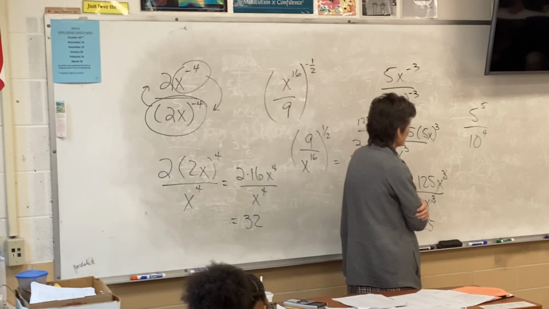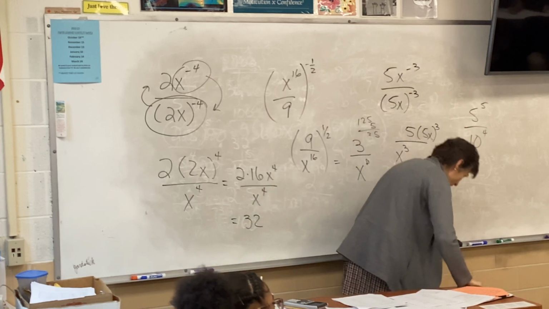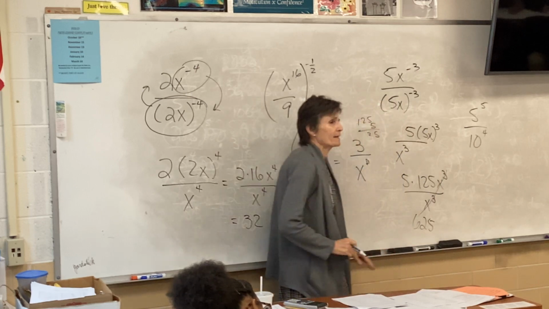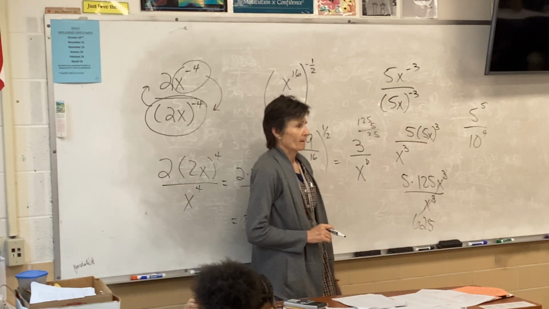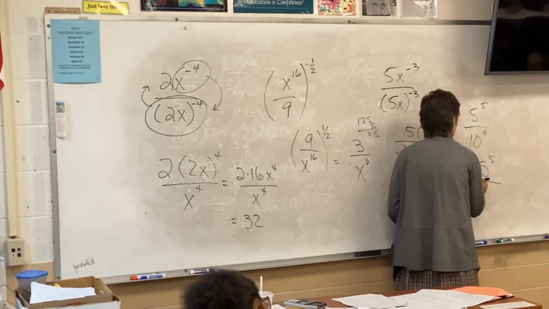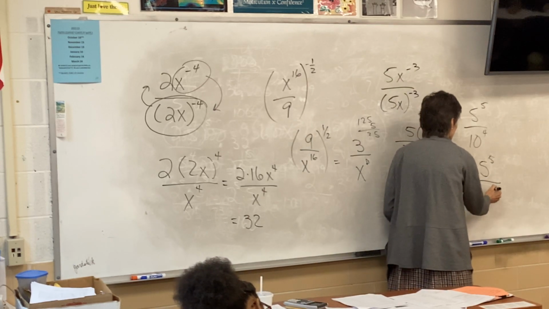All right, what about this one? We already did one like this, talked about it. What are we going to have to do if we're going to simplify this without a calculator? Break down 10, leave 5 to the 5th alone, and then 10 is going to be 2 times 5.